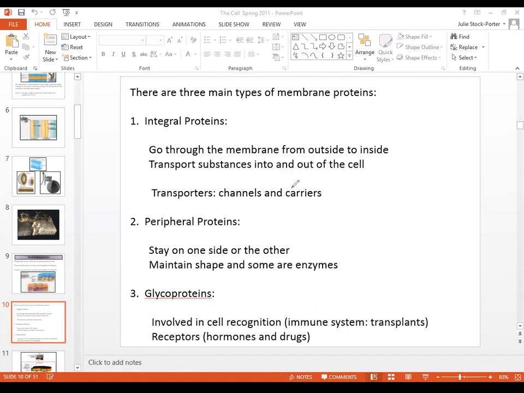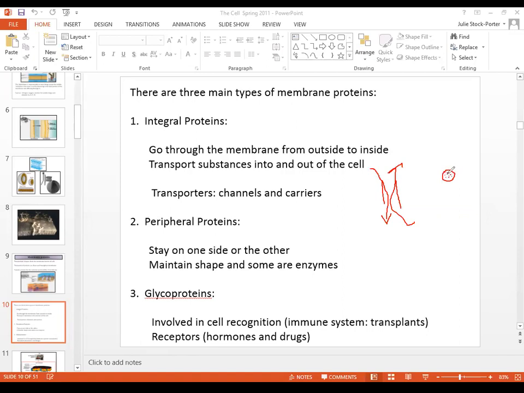Now, just one quick look back here at the integral proteins. We talked about them being channels and carriers. Channels are open. These are the ones we talked about that allow free flow of things into and out of the cell. And these would most likely be mainly for water. And then we have carriers. They are going to actually entrap whatever it is that we want to come in.